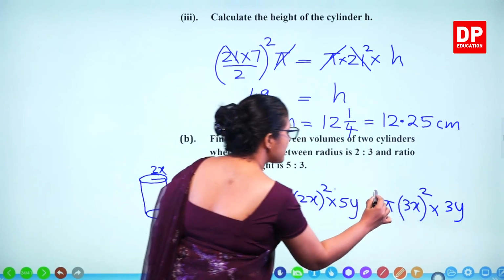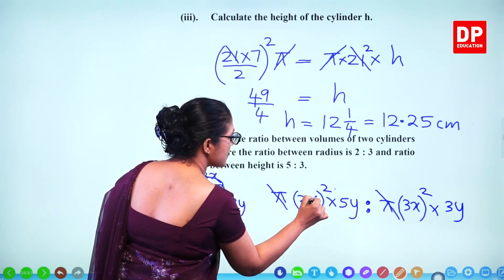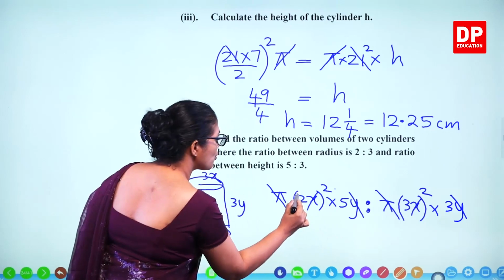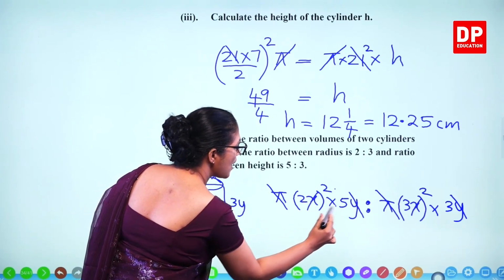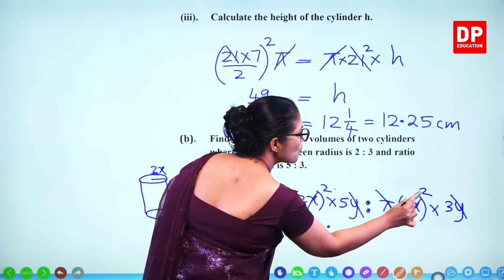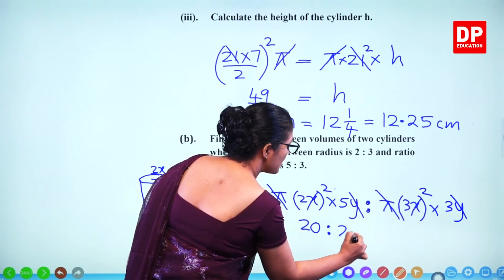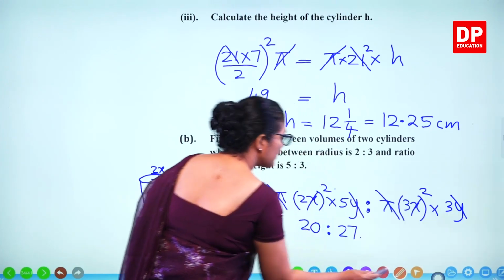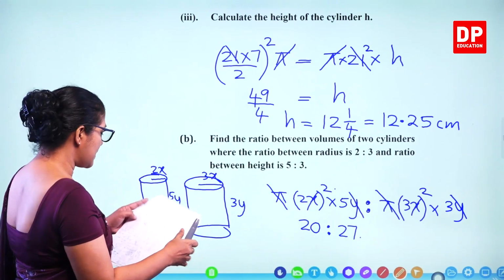Now pi gets cancelled out, x squared gets cancelled out, y gets cancelled out. So what's the ratio? 2 to the power 2 is 4. 4 times 5, 20. 3 squared is 9. 9 times 3, 27. So 20 to 27. So we'll give marks for all these steps.